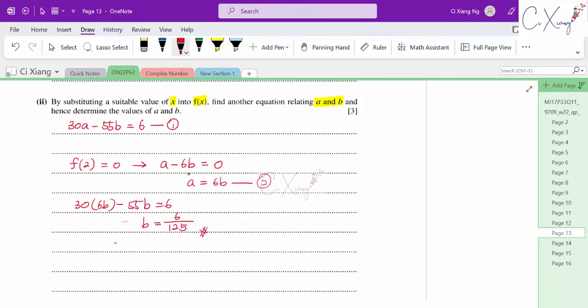And if I continue to substitute b into a, then I will have 36 over 125 for my a. And this is how we get the values of a and b by solving the simultaneous equations. Okay, so here we finish discussing all the questions for this paper, and thank you very much for watching this video.